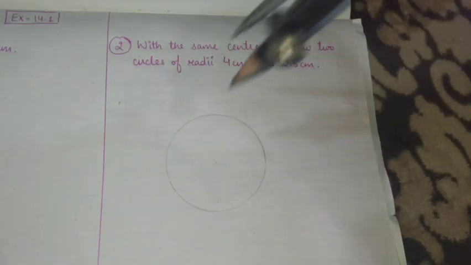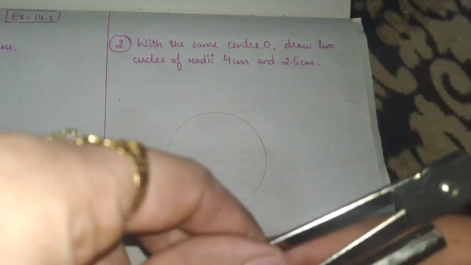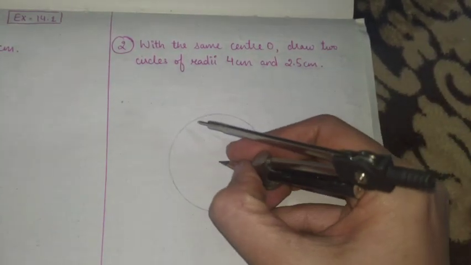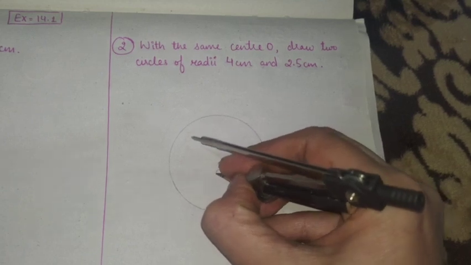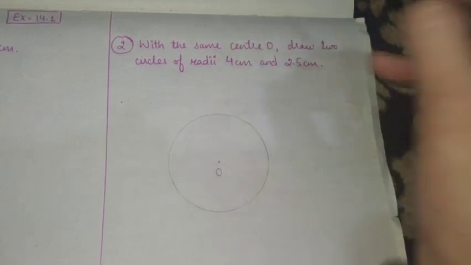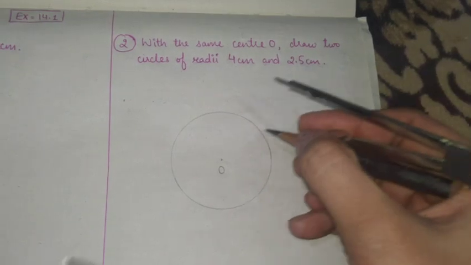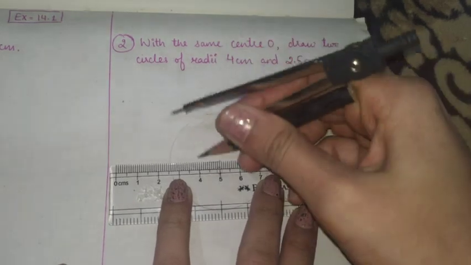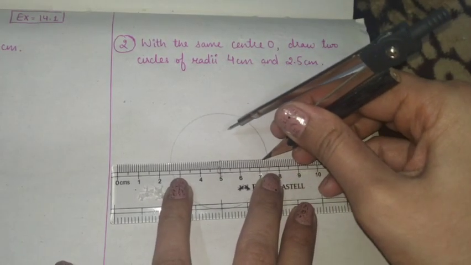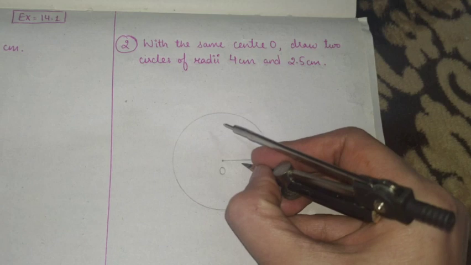So this is the circle of radius 2.5 centimeter, and the point here where we kept the pointer is the center of the circle, and we have to name it as O because it's mentioned in the question here. And this radius here is 2.5 centimeters.